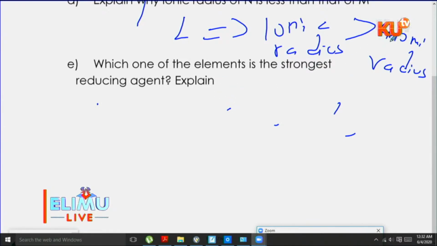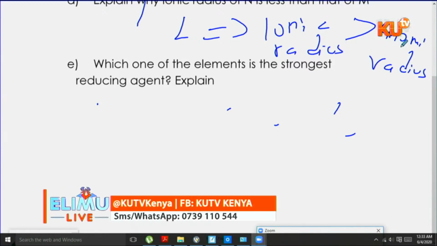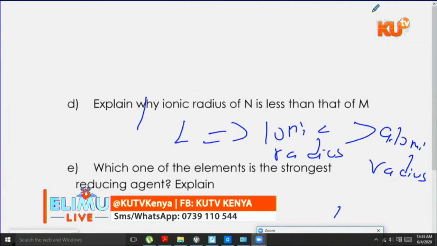And when you gain electrons, you have been reduced. So if you want to get the strongest reducing agent, you go back to your table and check which element loses electrons, and when you have the element, then you are able to state the strongest. So the element which we have seen which loses electron much easily will be element M.